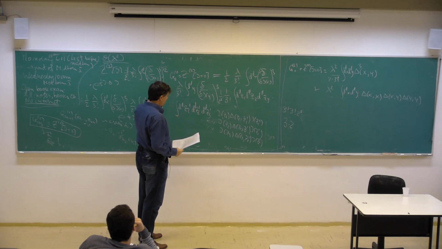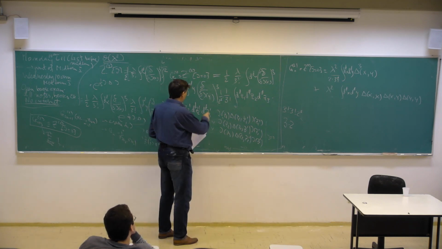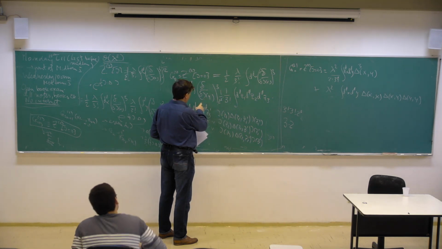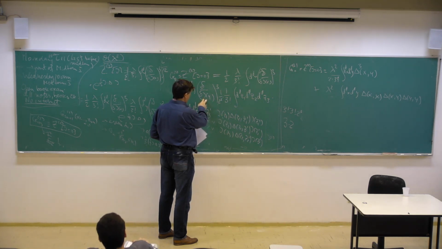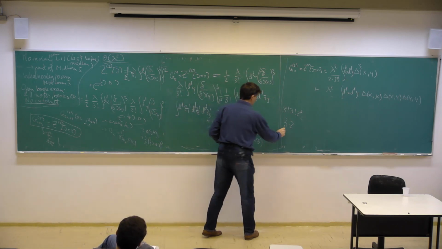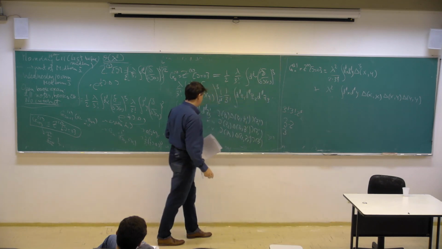But now let's see. So now I have one out of each. One out of the three derivatives in here can act in here, so I have a factor of 3.